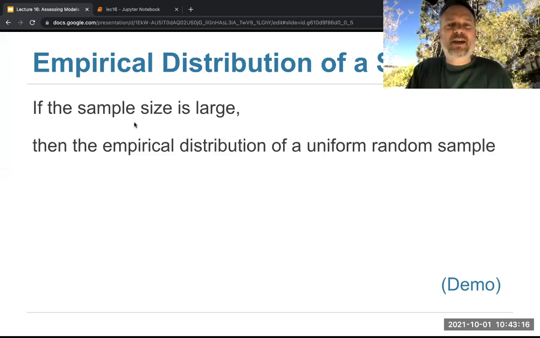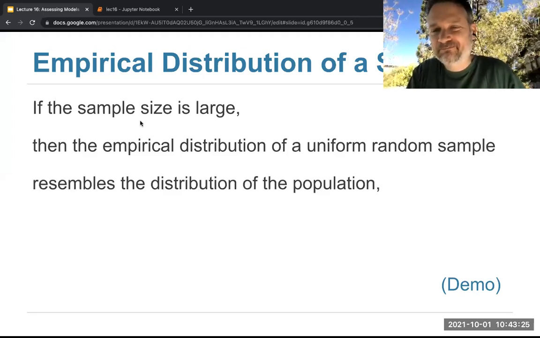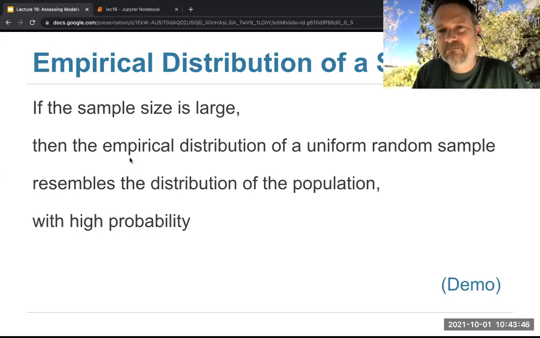Okay, so what this means about empirical distributions is that if the sample size is large, then the empirical distribution of a sample chosen uniformly at random from a population, uniformly meaning everybody is equally likely to be selected, resembles the distribution of the population, usually with high probability.